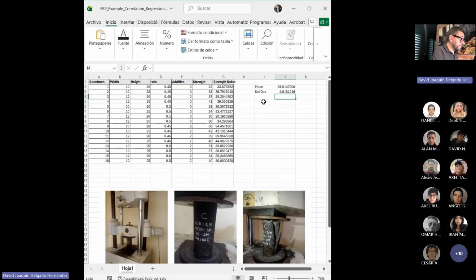Now here we are going to use this head variable. We are going to put the 4 variables, which are width, then height, then the water cement relation, and then the additive.